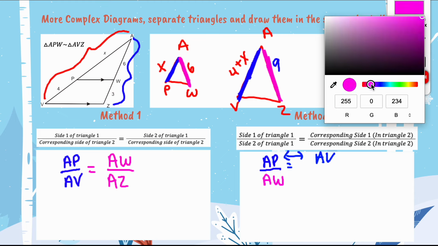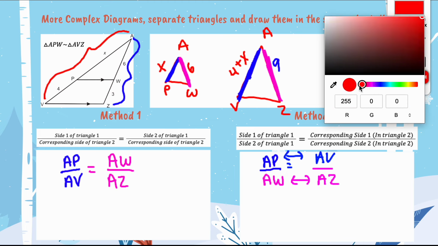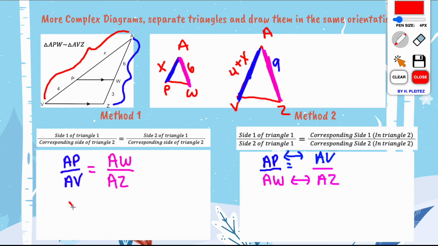And then our denominator is going to be the corresponding side of AW, which is AZ. Now let's make those substitutions. AP is X over AV, which is 4 plus X, equals AW, which is 6, over AZ, which is 9. Now, in method 2, we would have X over 6 equals 4 plus X over 9.